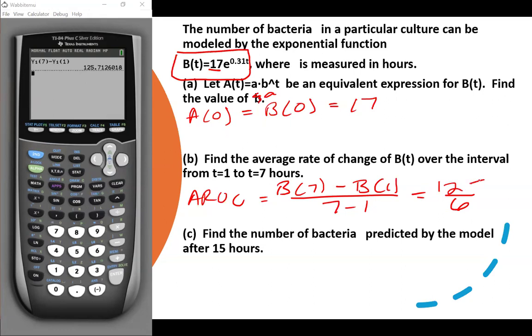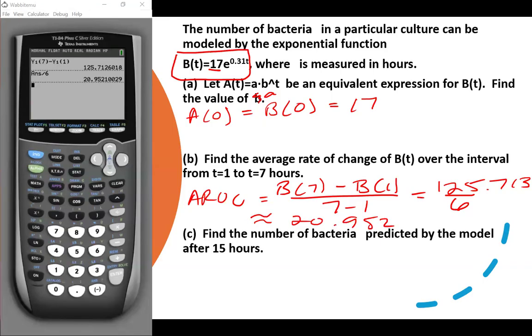So I get 125.713. And I'm going to divide that by 6. And so my A rock is approximately 20.952.